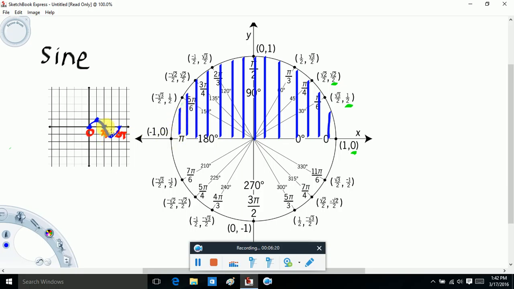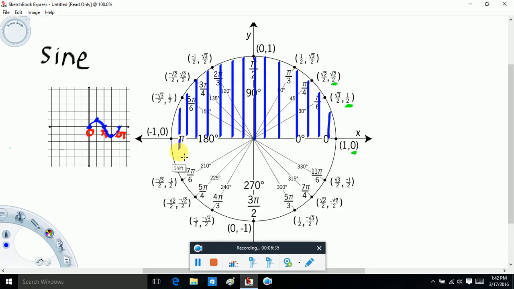So it went up, and then down, and then now we're at 0. Now, after pi, all the values are negative, so it goes down.